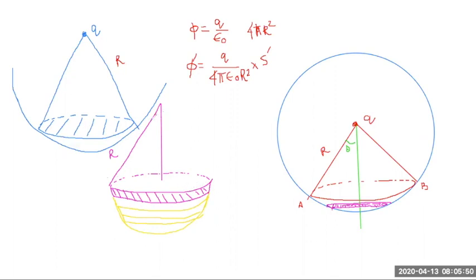Okay, and if this angle is alpha, let's take another color. Now let's get back to it, this is alpha, right? So where is alpha in this picture?